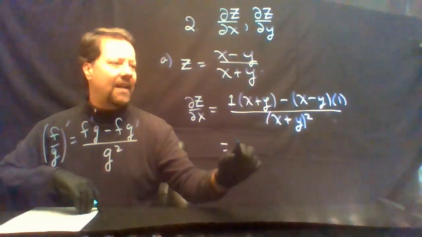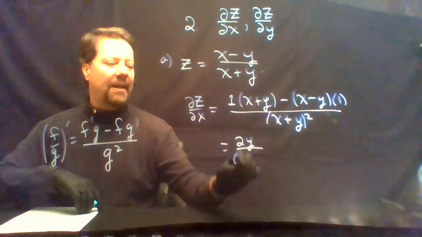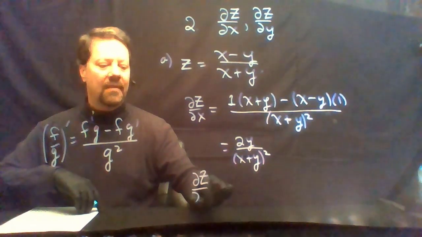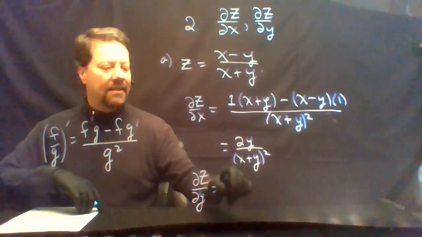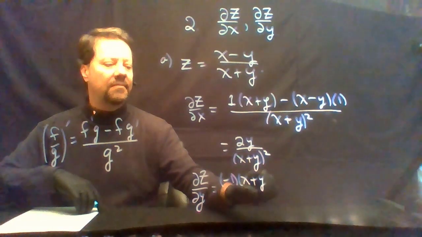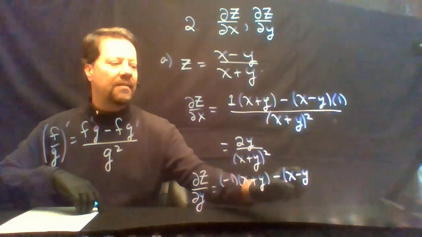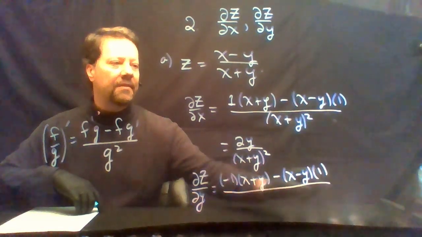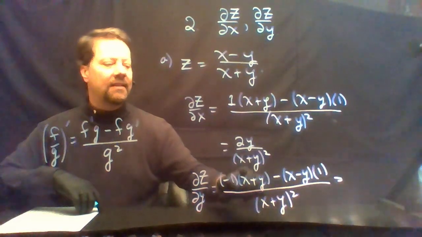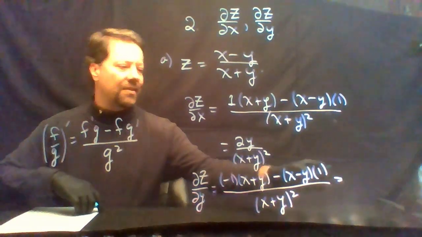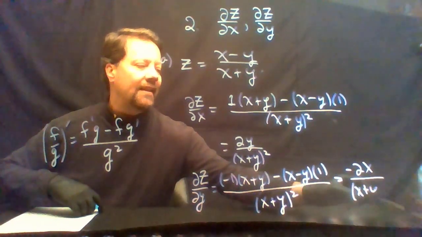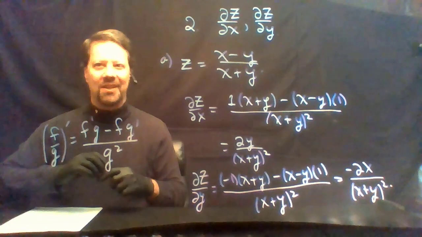This simplifies as 2y divided by x plus y squared. dz/dy is the derivative of the top times the bottom minus the top times the derivative of the bottom divided by the bottom squared. The y's will cancel this time. We'll have minus 2x divided by the quantity x plus y, quantity squared.